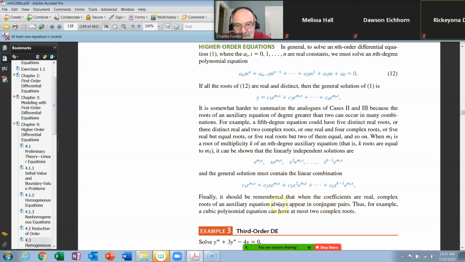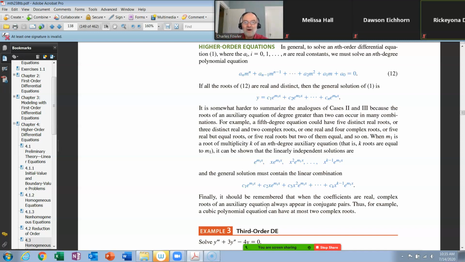Thus, for example, a cubic polynomial can have one real root and 2 complex roots. A quartic, 4th degree polynomial, could have 4 real roots, not counting any repeated roots, or it could have 2 reals and a conjugate pair of complex, or 2 conjugate pairs of complex numbers.